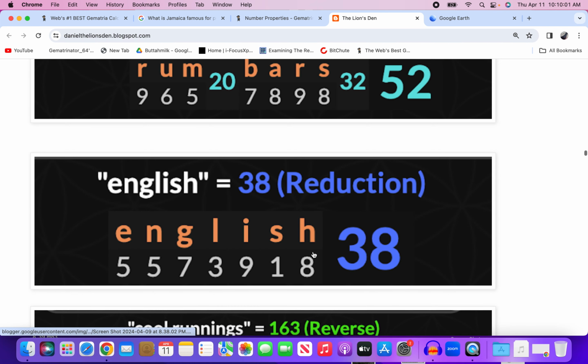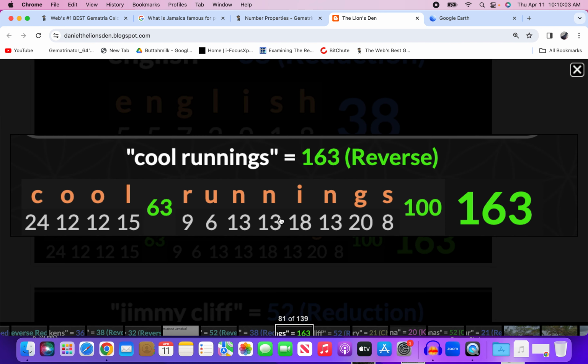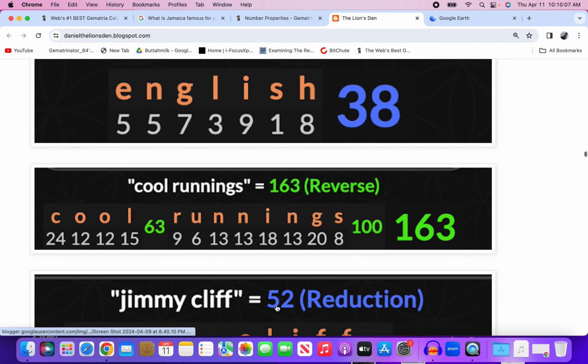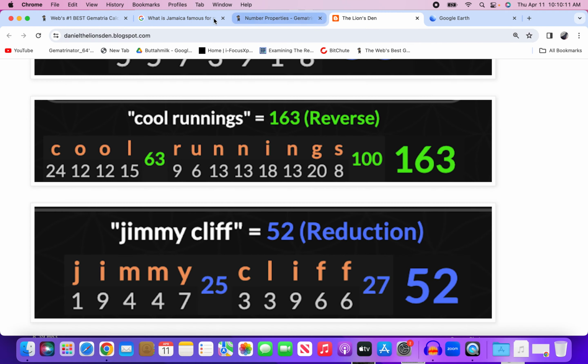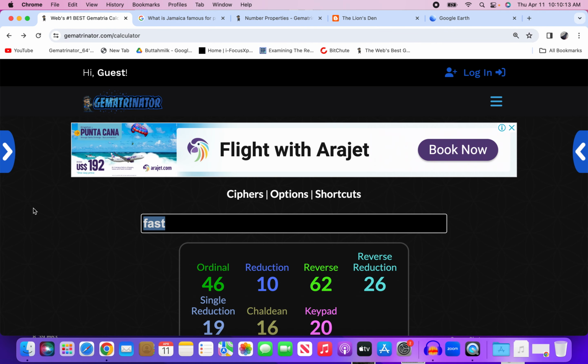Of course, it's a dialect, patois. There's a movie called Cool Runnings, that equals 163, the 38th prime. Jimmy Cliff equals 52, just like Jamaica. Marley, Bob Marley, very famous musician, equals 32, just like Jamaica. 23, 32.